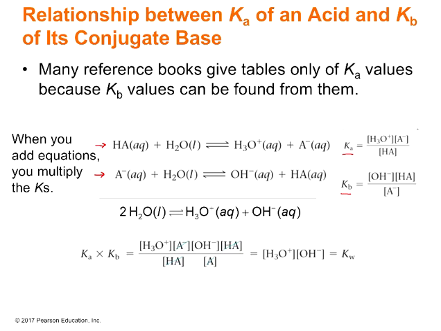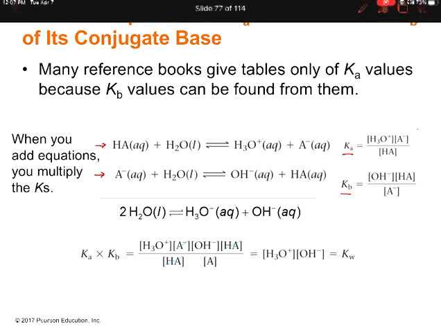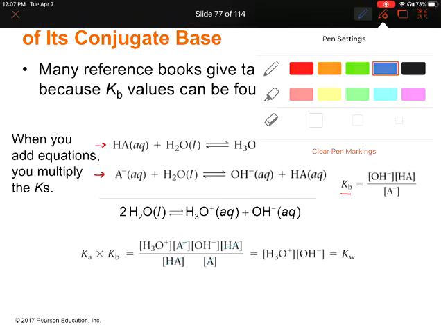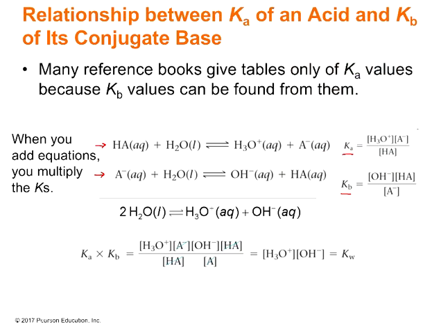Now, if we want to find the overall reaction here, we can cancel out any acids that appear on the left and right-hand sides of that arrow. And we can also cancel any bases that appear on the left and right-hand sides. So, for example, HA appears in the reactants and the products, so we can cancel that out.